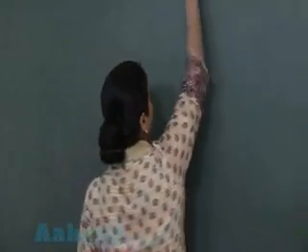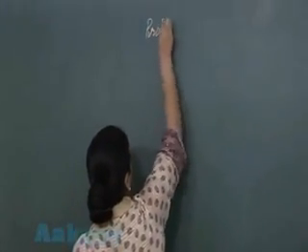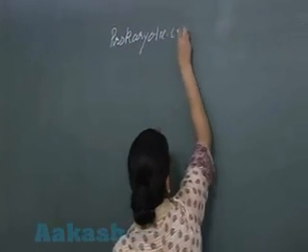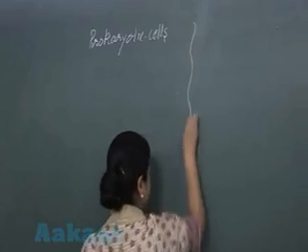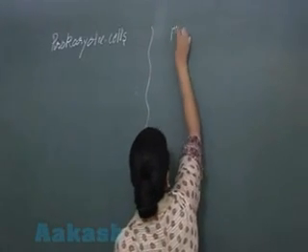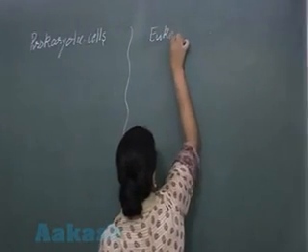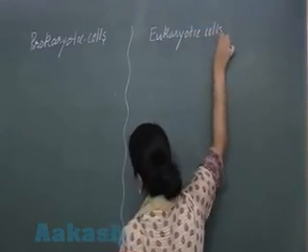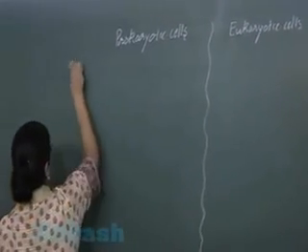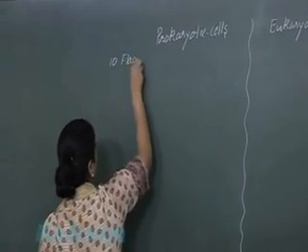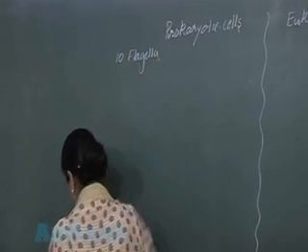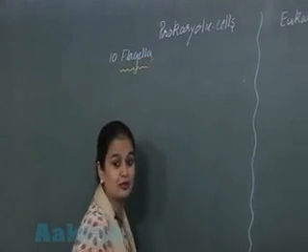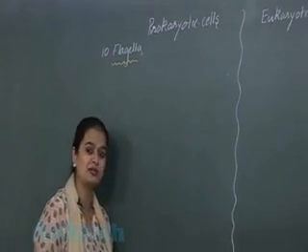So let's discuss another feature, that is flagella. It is very well known to all of you that the flagella is a locomotory structure which helps in the movement of organism, movement of cell.